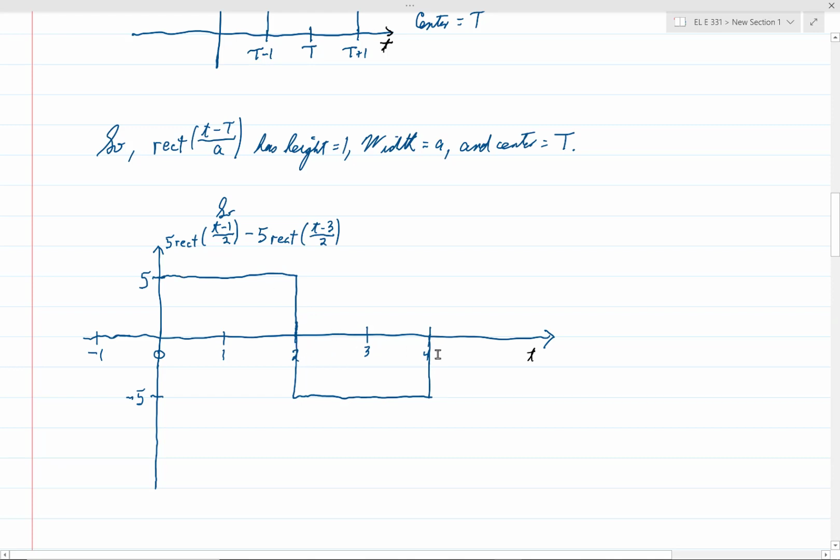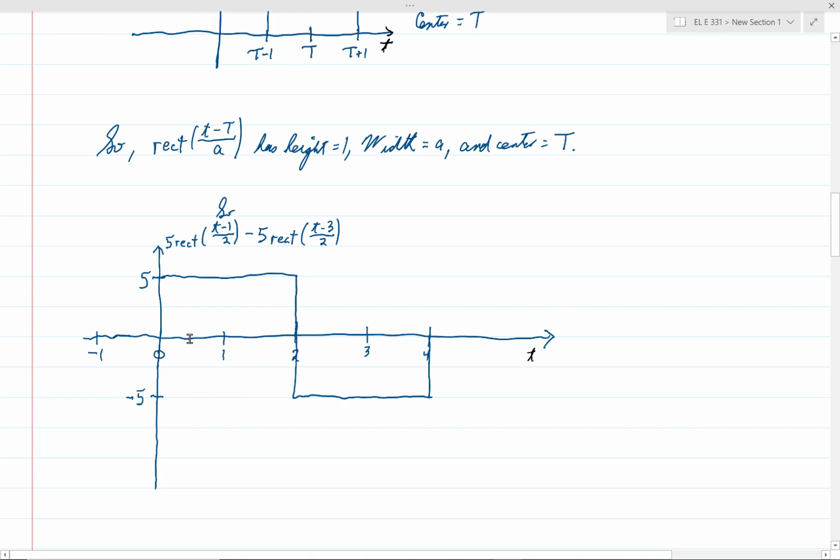And then the rest of the curve over here is equal to minus 5 times the rectangular function of t minus 3 over 2. Again, because of the 2 in the denominator, this has a width of 2. Because of the 3 in the numerator, it is centered about 3. And because of the minus 5 out front, this comes down to minus 5.